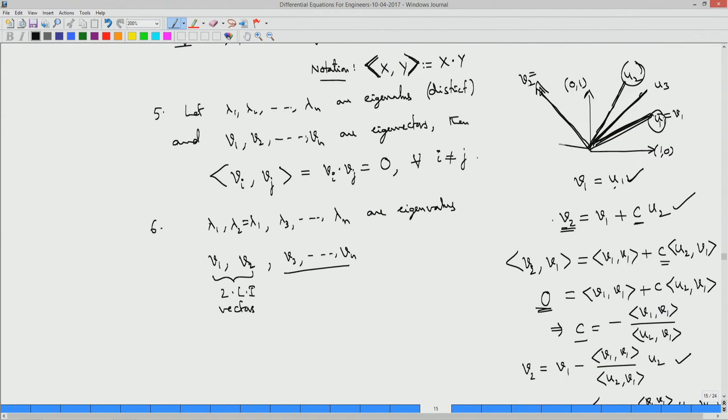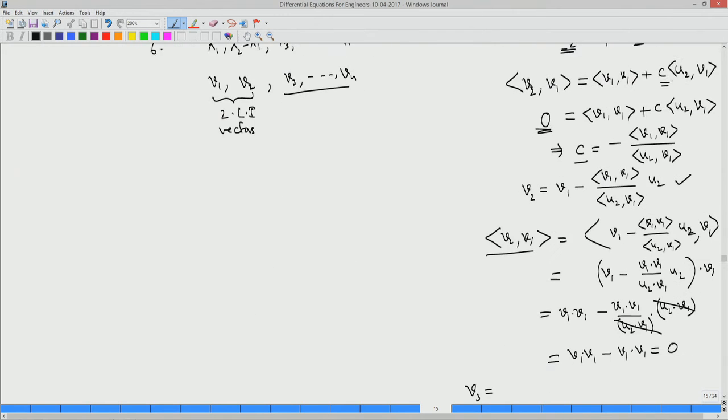I look for V3 which is orthogonal to V2 and V1. But I write it in terms of V1, V2 and U3. Once I have V2, I can remove U2, gone. So, I can rewrite it as a linear combination of V1, V2 and U3.